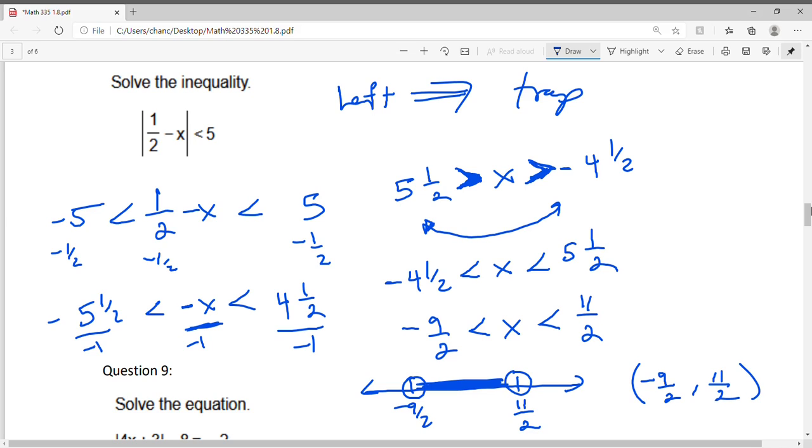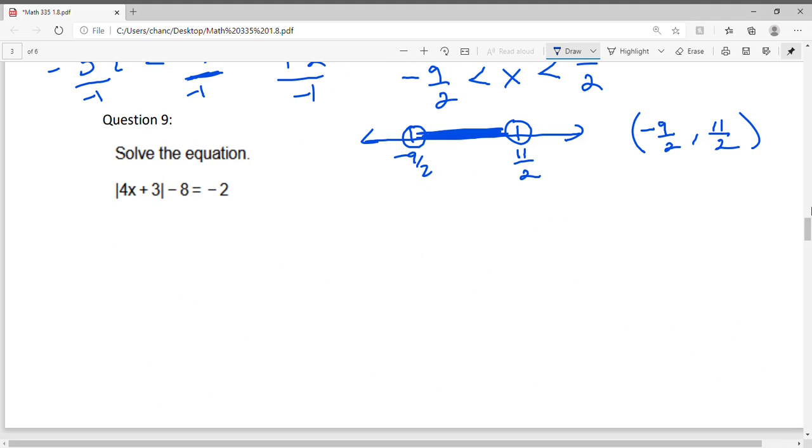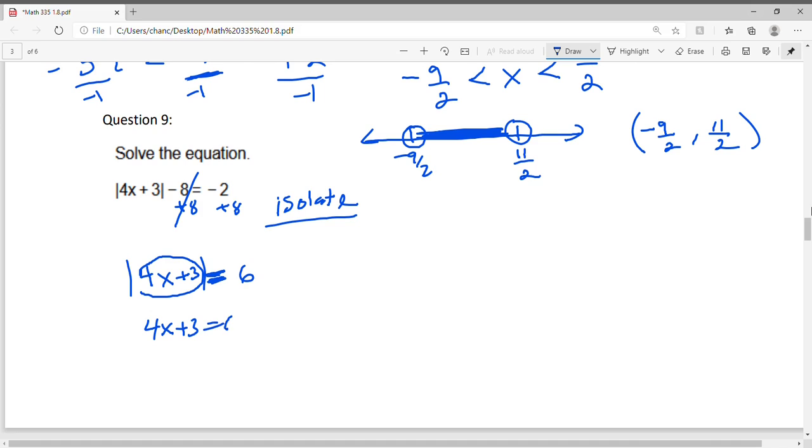For question 9, we have to isolate the absolute value. So let's add the 8 to both sides first. I have the absolute value of 4x plus 3 is equal to 6. Now, since I isolated the absolute value, and this is an equality, I know that the insides, 4x plus 3, could be 6, or 4x plus 3 could be equal to negative 6.